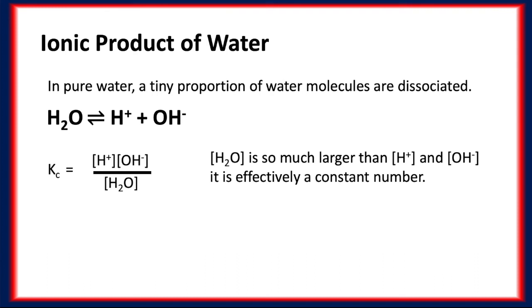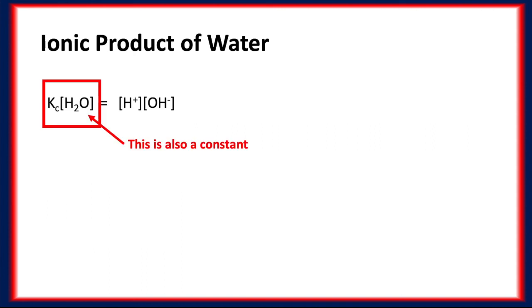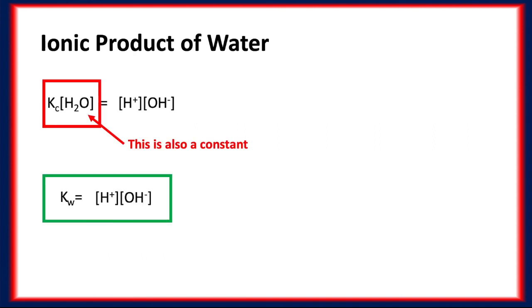It changes so insignificantly. So we can rearrange that to give us Kc multiplied by the concentration of H2O is equal to the concentration of H+ times the concentration of OH-. And we just combine those two into Kw. We can define a new equilibrium constant, Kw, the ionic product of water, as being equal to the concentration of H+ times the concentration of OH-.